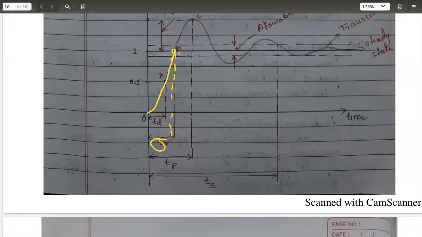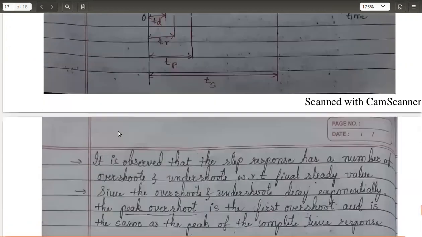This is the rise time value, the time required for the response to start from 0 and achieve 100% of the final steady state value, that is 0 to 1, at the first time. Not every other peak, only the first time, first overshoot. This is for zeta less than 1. But if we have some other case, I have given that also.